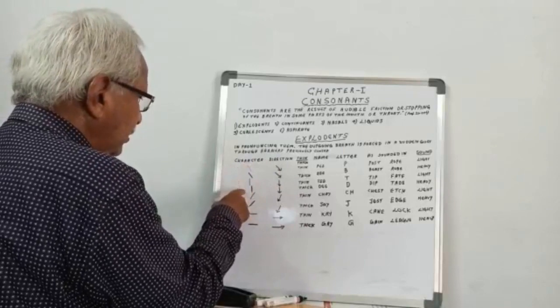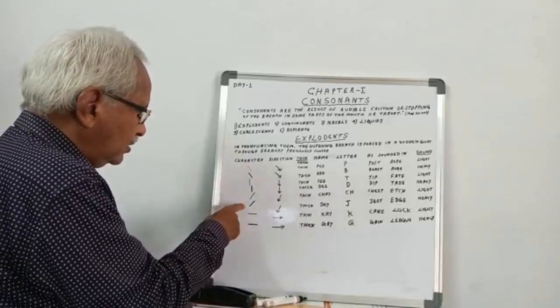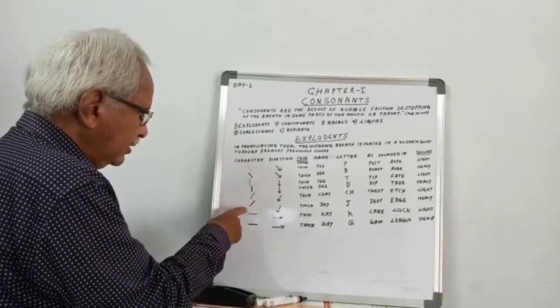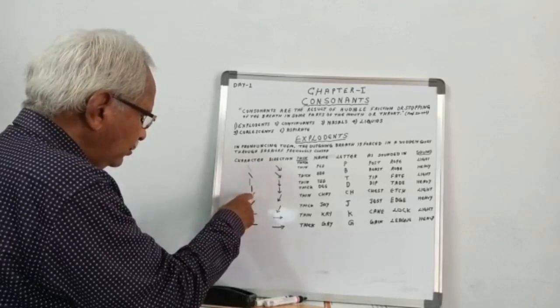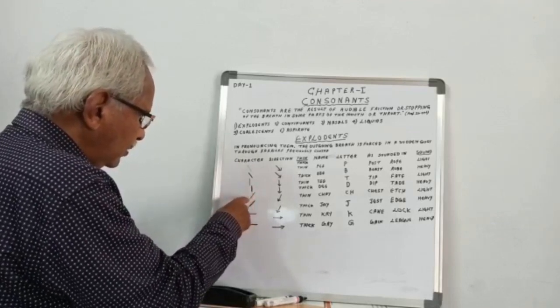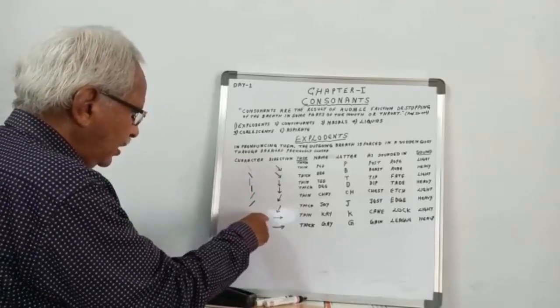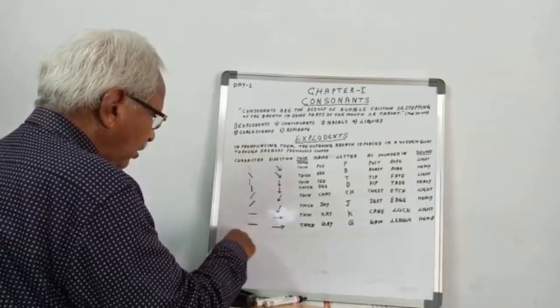T is light, D is thick. J, these are pairs. Che is light, J heavy stroke. These go from right to left, downward strokes. K, G, these are from left to right, straight horizontal strokes.